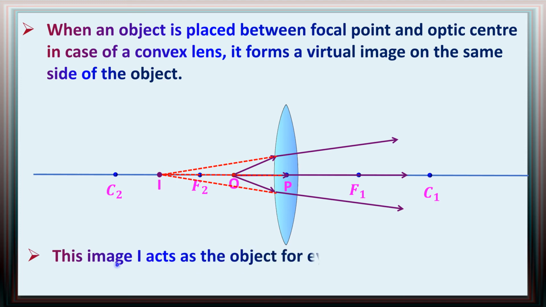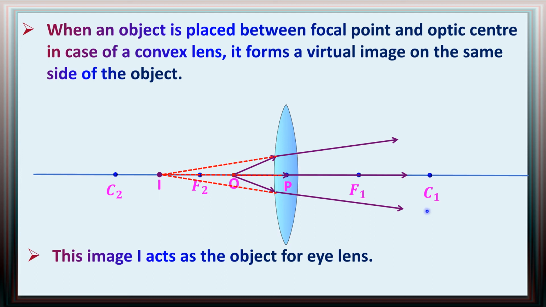This image I acts as the object for the eye lens. So that means we have to use this lens to correct hypermetropia. Whenever the object is there between H and L, its image will be formed at H or beyond H by this convex lens.